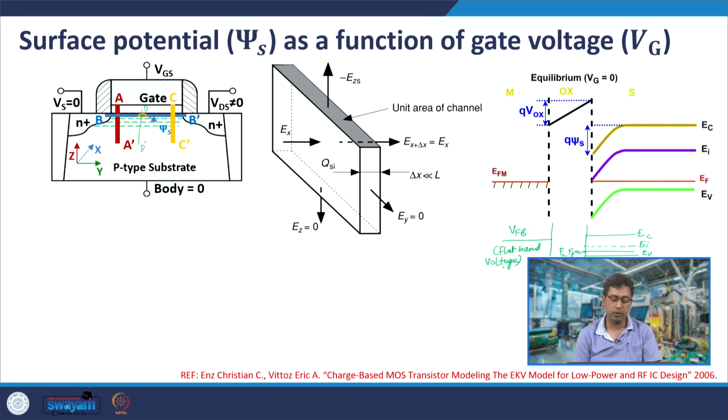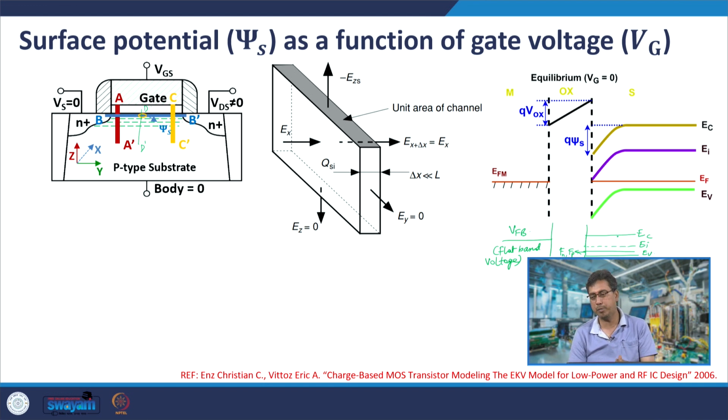After this, whatever is the surface potential, we can keep on changing the surface potential, and the band diagram would account for it.